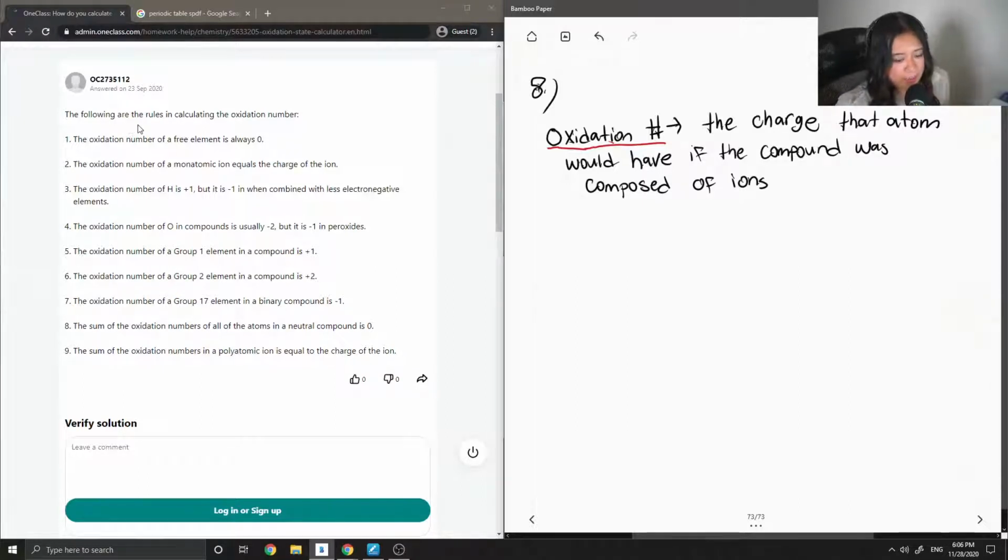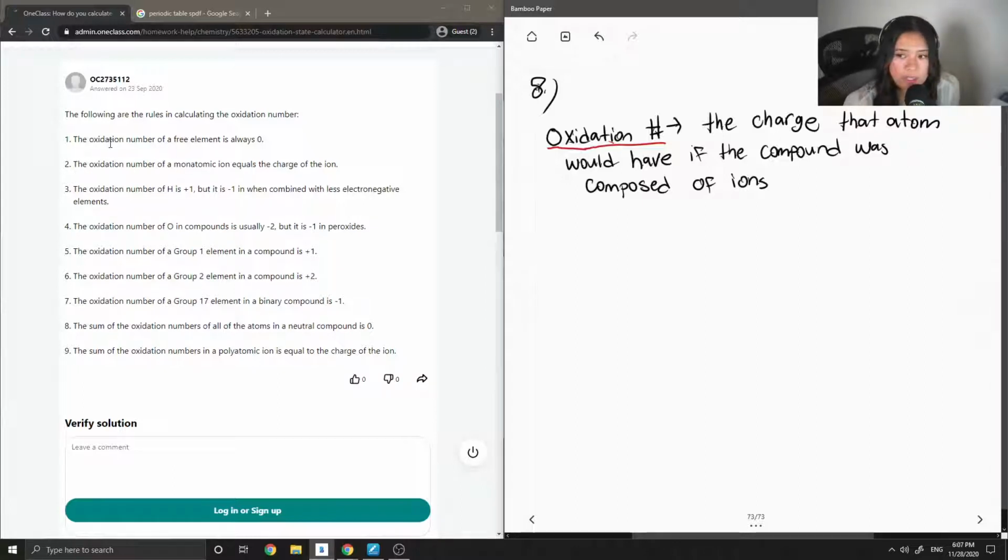So if we had a pure solid or a pure gas, it would have a 0 as its oxidation number. Oxidation number of a monatomic ion equals the charge of the ion. Oxidation number of hydrogen is +1, but it is -1 when combined with less electronegative elements.